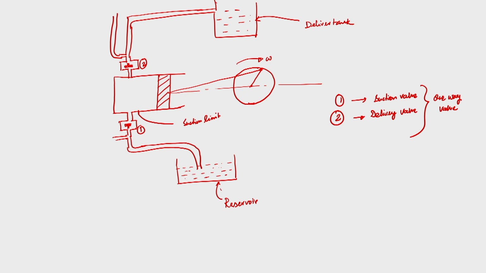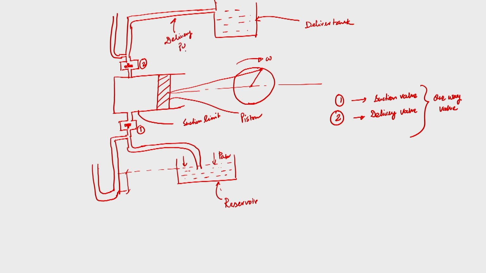So, we will discuss that now. So, this is atmospheric pressure, P atmospheric, and this is the piston, and this is the delivery pipe, and this one is the suction pipe.